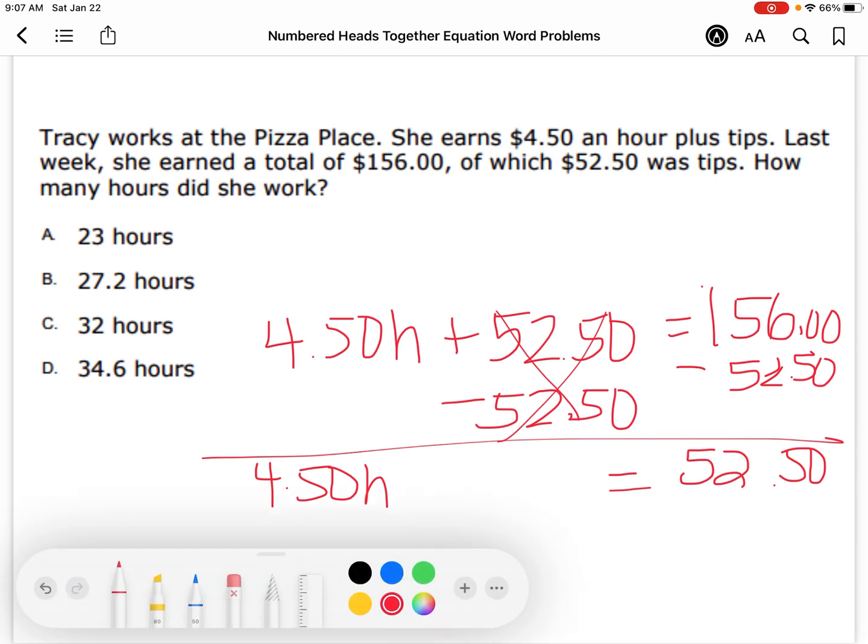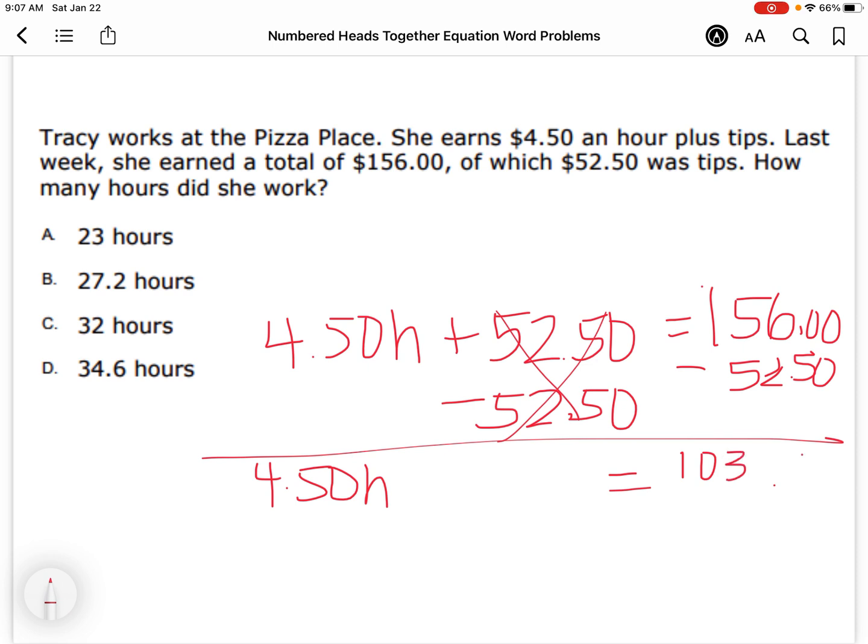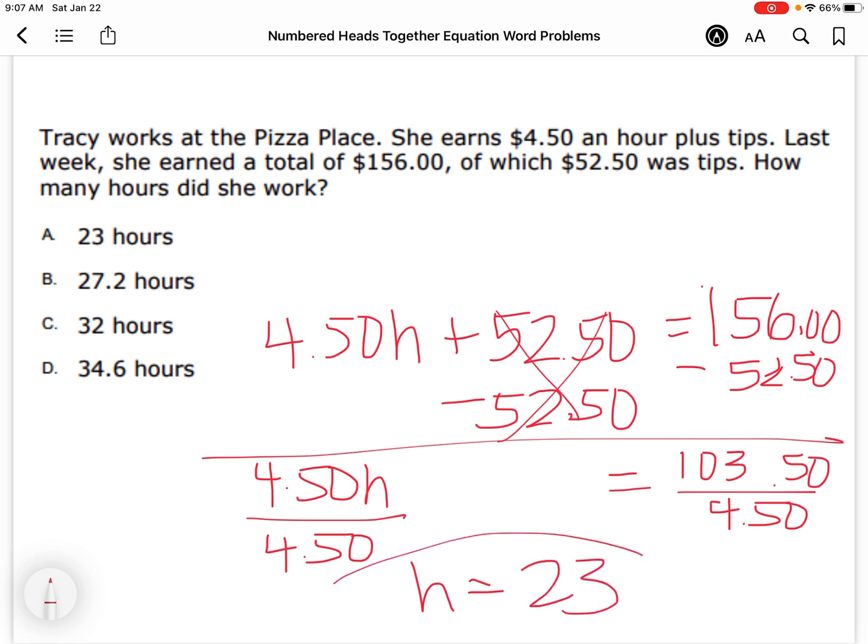That makes more sense. So I'm going to divide by 4.50. 23 hours.